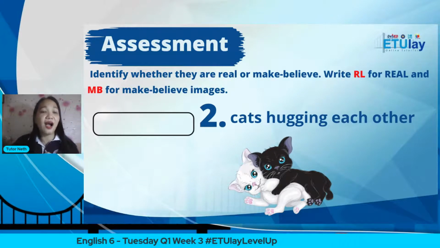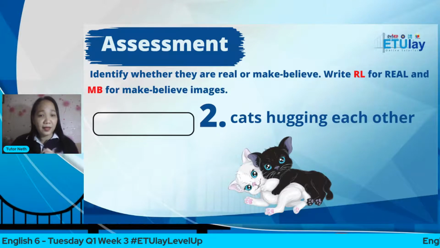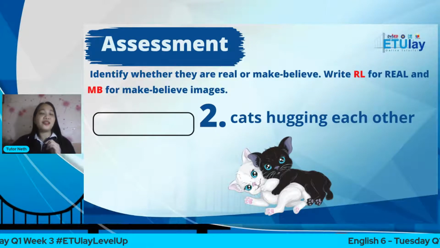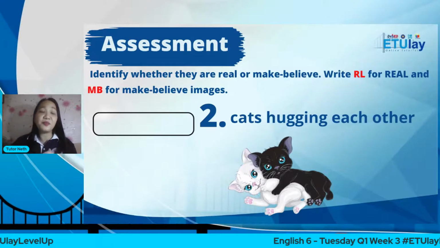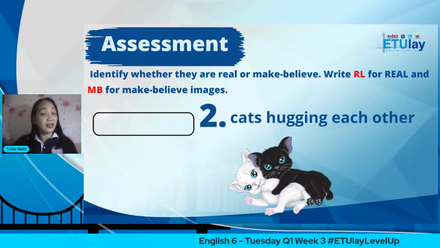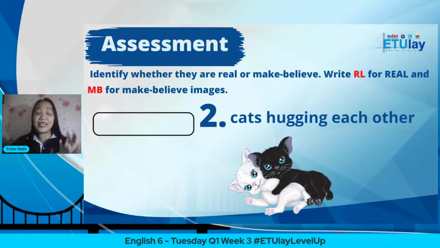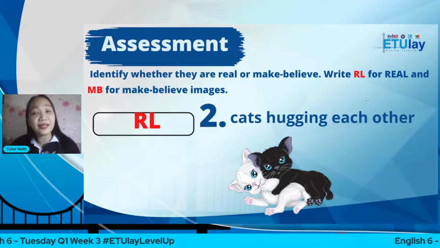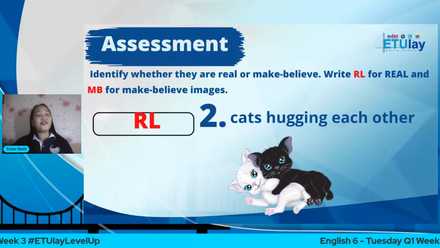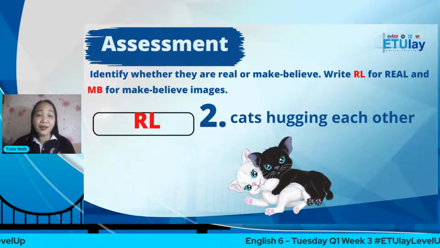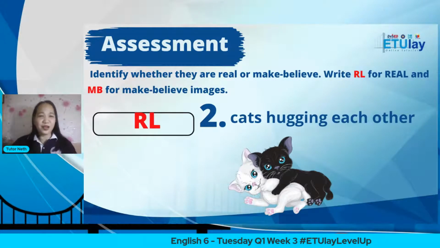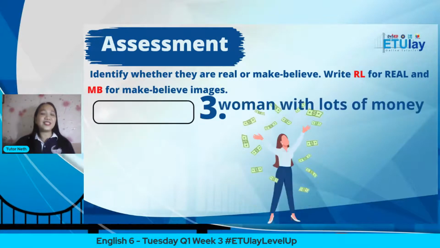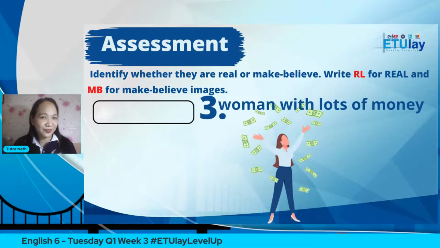Thea Onyate, RL. Amina Dionson, RL. Vanessa Alimorong, RL. I can see here that you are learning so fast. So our answer is, of course, RL or real. Good job, learners.